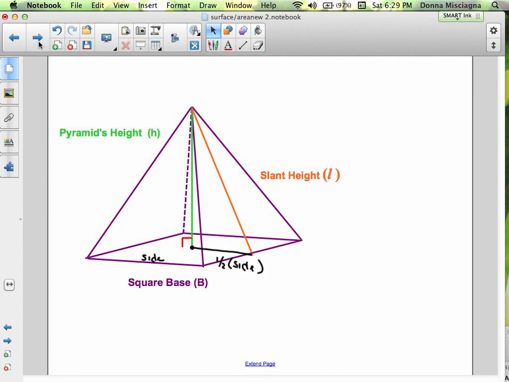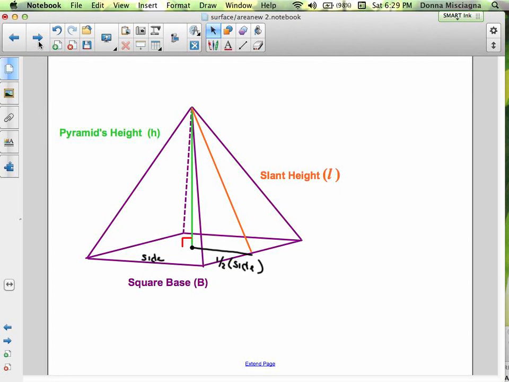Just add in that line there, and then put in half a side. So just put in what I've written in my handwriting, okay? Put side on one of the sides, and then complete that triangle and put half a side, so that you have that visual to help you when you're trying to find a missing measure in the pyramid.